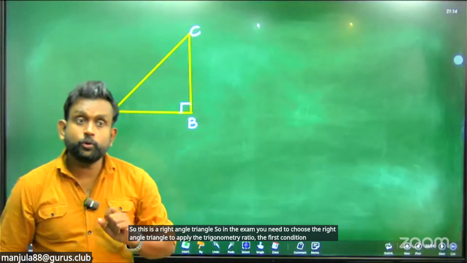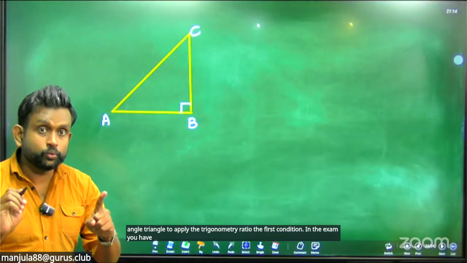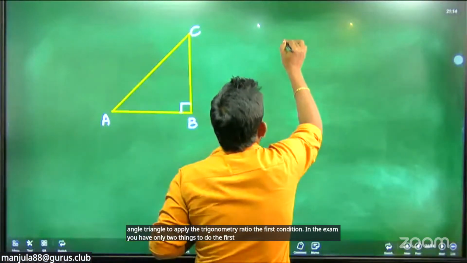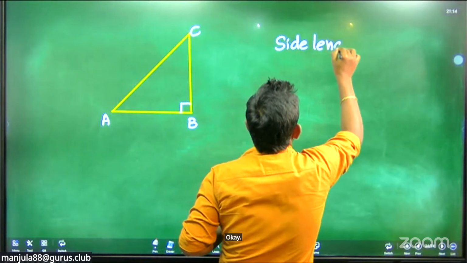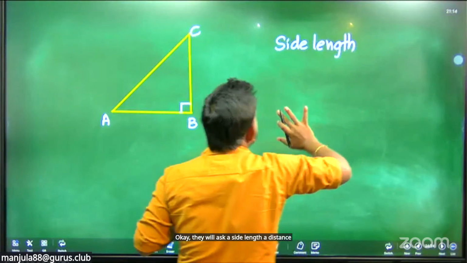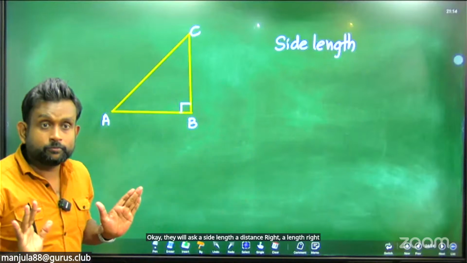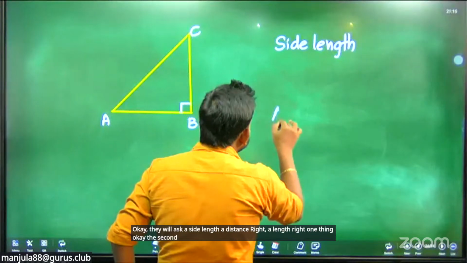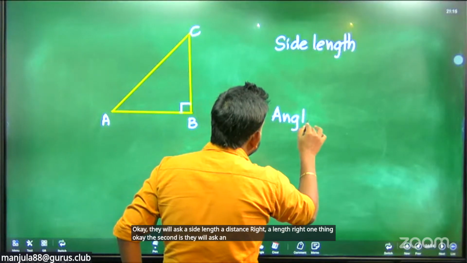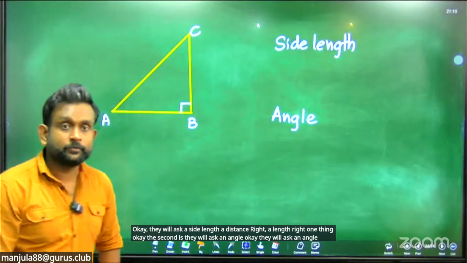In the exam, you have only two things to do. The first thing, they will ask a side length, a distance, a length, right? The second, they will ask an angle, theta.